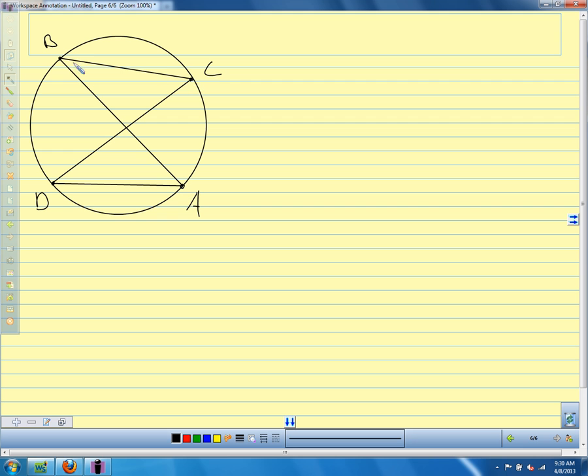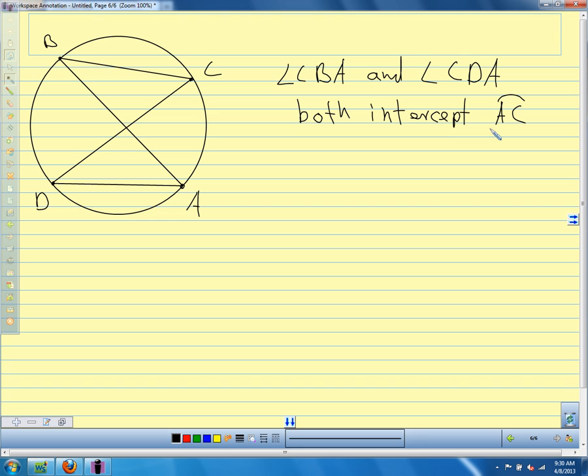So angle CBA and angle CDA both intercept arc AC. What does that tell us about those two angles? They have to be the same. They intercept the same arc. This arc is whatever it measures, 57 degrees or whatever. So each of these has to have the same measure. If they intercept the same arc, they have to have the same measure.